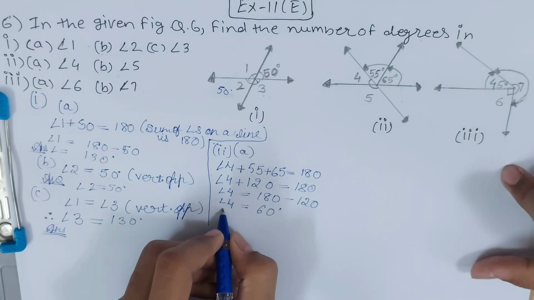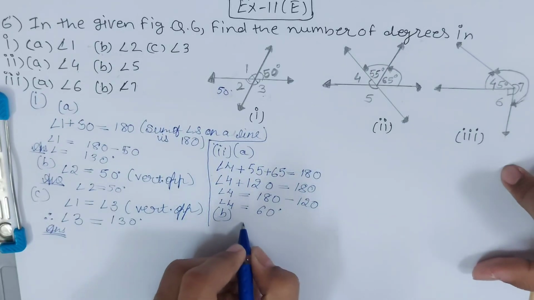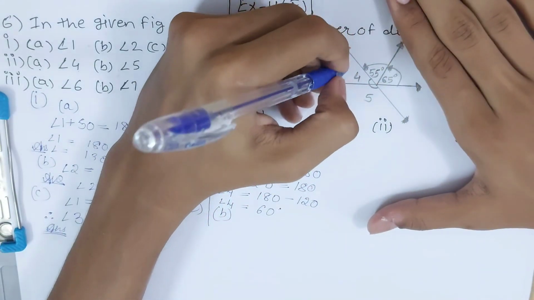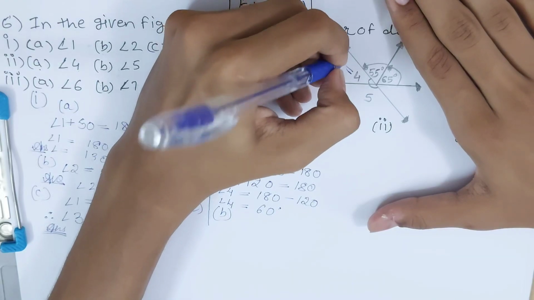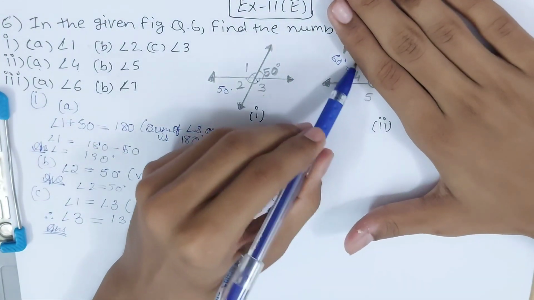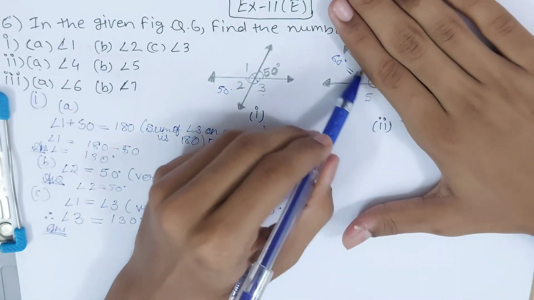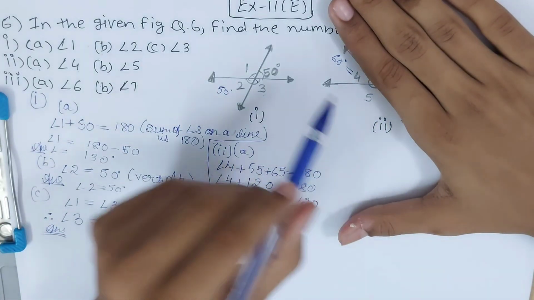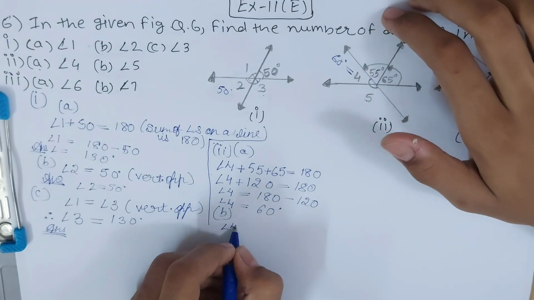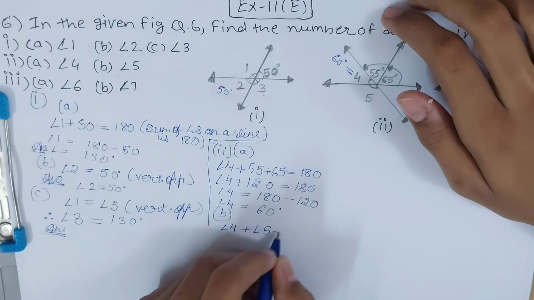Now see part B of this. You have angle 5. Angle 4 is now 60 degrees. See the figure this way. Don't you see 4 and 5 are on this straight line? So the same property we will use. Sum of angles on a straight line is 180 degrees. This time you will write angle 4 plus angle 5 is 180.